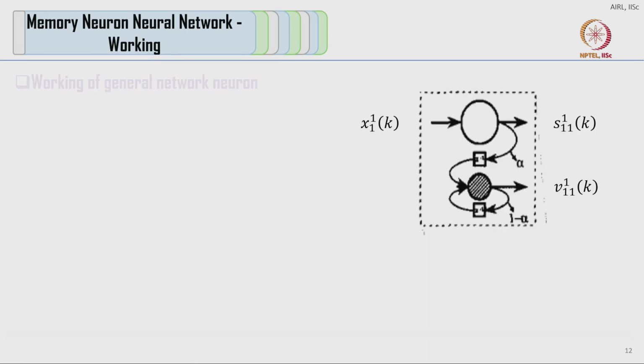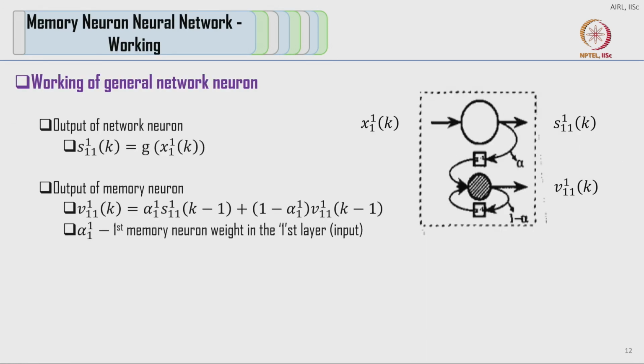Now, I want to understand the dynamics of it in detail. Let us say S11, where the first 1 corresponds to the first network neuron in the first layer, this one representing the layer and this one representing the number.